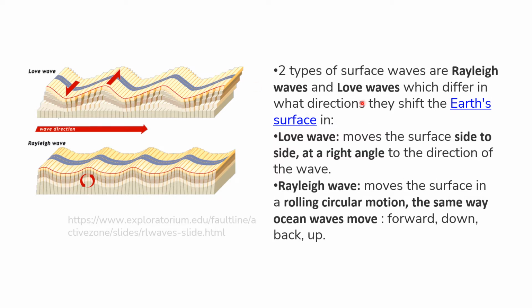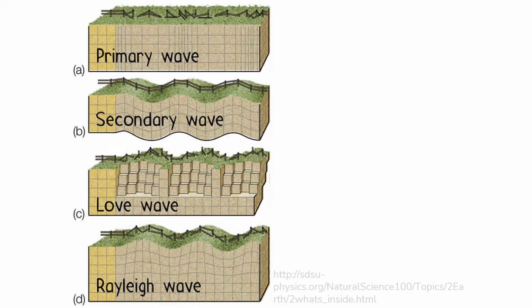A Love wave moves the surface side to side at a right angle to the direction of the wave, while the Rayleigh wave moves the surface in a rolling circular motion, the same way an ocean wave moves. So it's forward, down, and back up. These are the two types of surface waves.